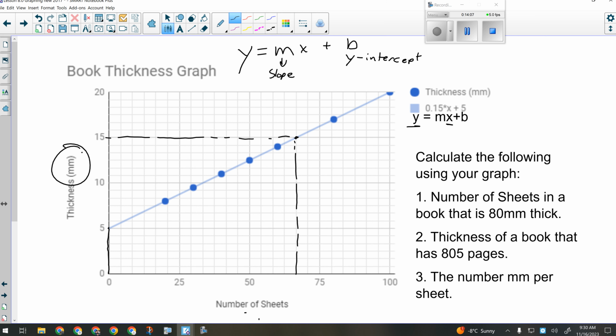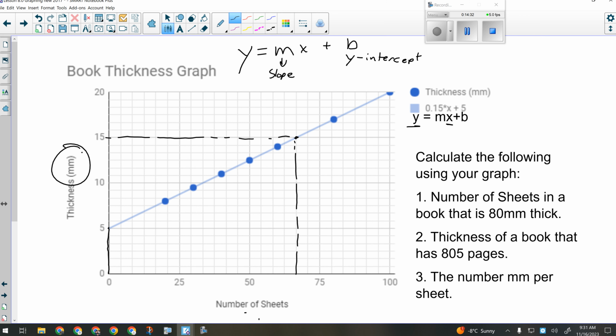The steepness of this line tells me how much y goes up for every move up for x. So for every sheet I add, the book is going to get 0.15 millimeters thicker. In other words, the slope is the thickness of one page. Does that make sense?